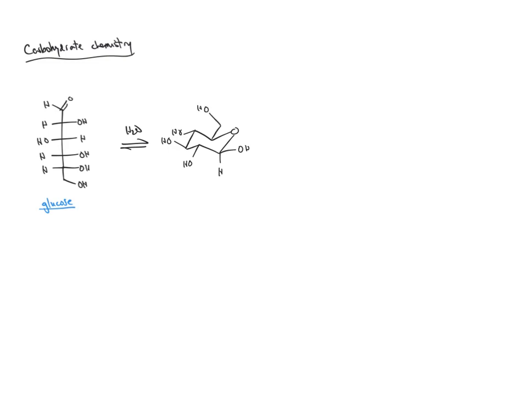And this sugar is called beta D glucopyranose. A pyranose is just simply a six-membered ring.